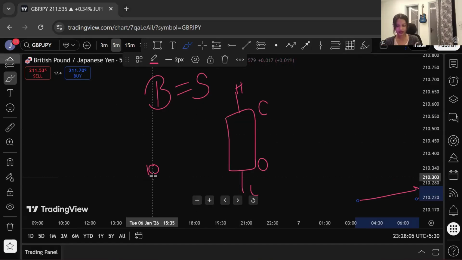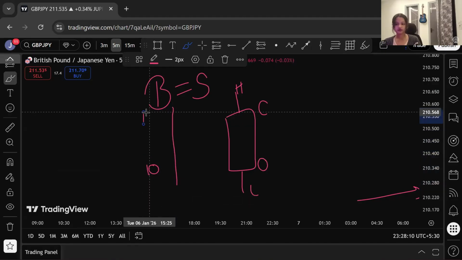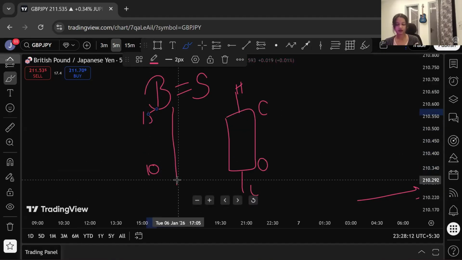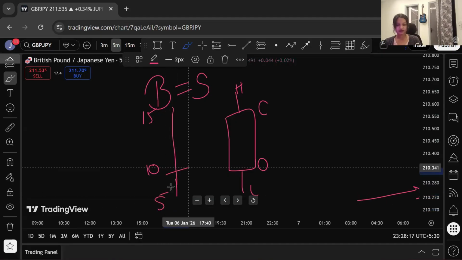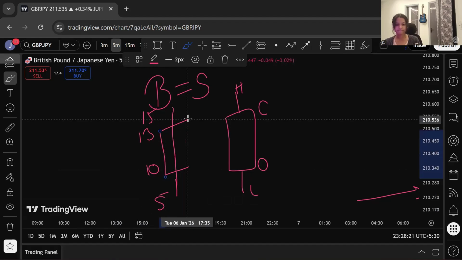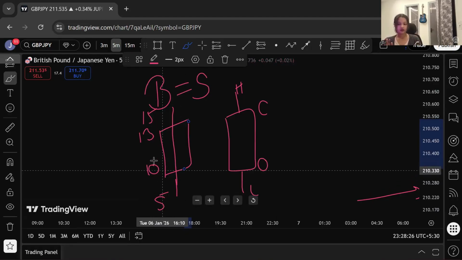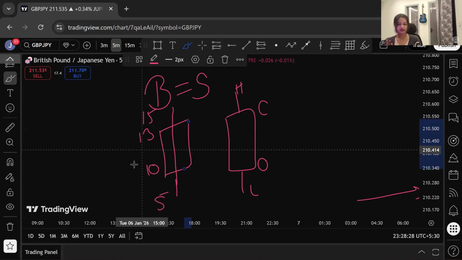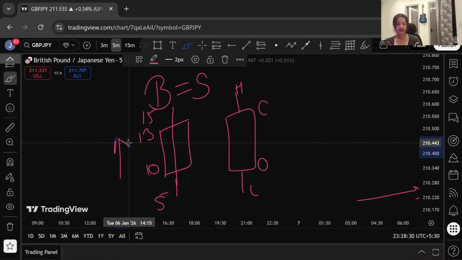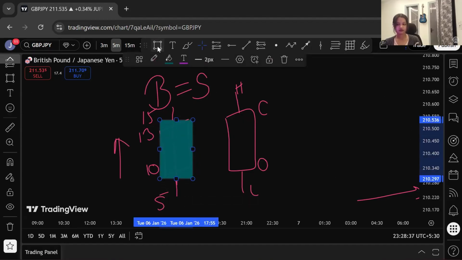So it opened at $10, say moved up to $15, then came back down to, let's say, $5, and then finally closed at $13. Look what happened here. The candle opened lower and closed higher. The price moved up, and that gives us a bullish candle.